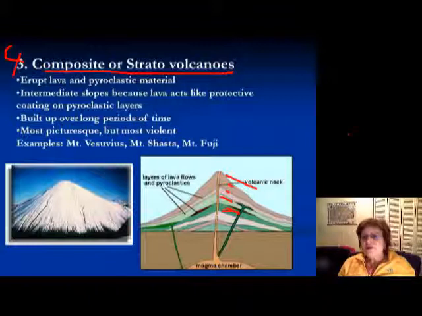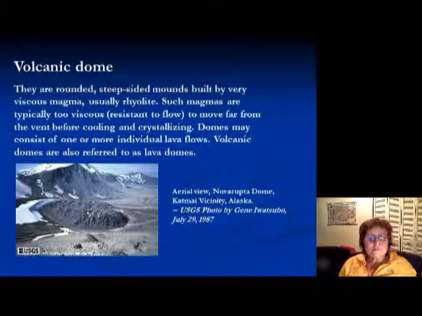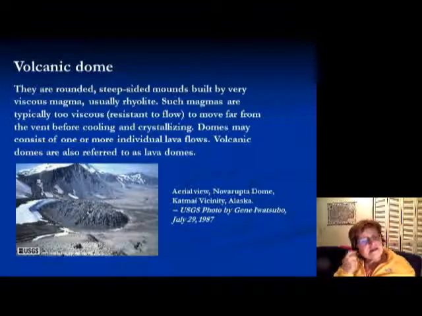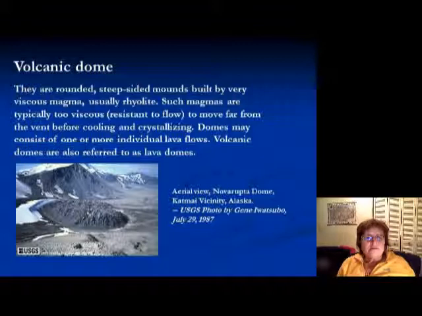Okay, the next one is the volcanic dome. And the volcanic dome is usually very rounded, and it's very viscous lava, rhyolite usually. So therefore the magma will not go anywhere and will build up this very typical lava dome. These are probably one or more individual lava flows, but the lava doesn't go anywhere.